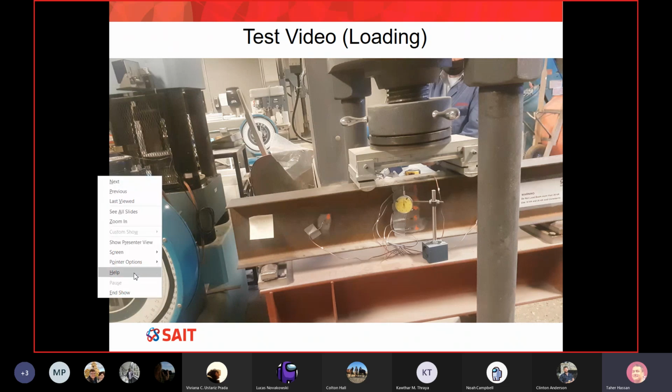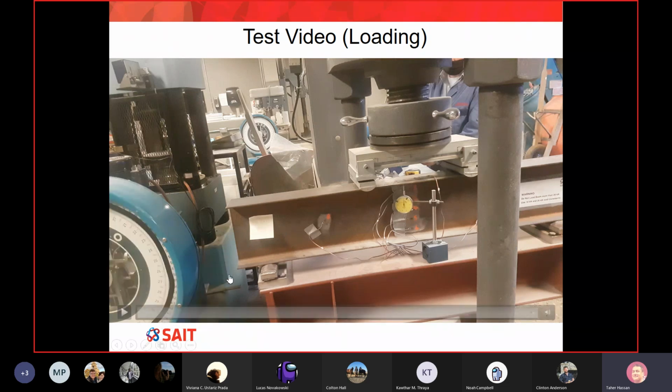For our test, I have 2 videos, one video for loading, another video for unloading. Let's watch the video. With the strain gauges, you cannot see anything except some wires. The wires go to the back where we have a screen where we can record the strain measurement. What you can see in this whole test is simply the dial gauge. As we add more load, we get more deflection, and this gauge will start to move. Please watch.